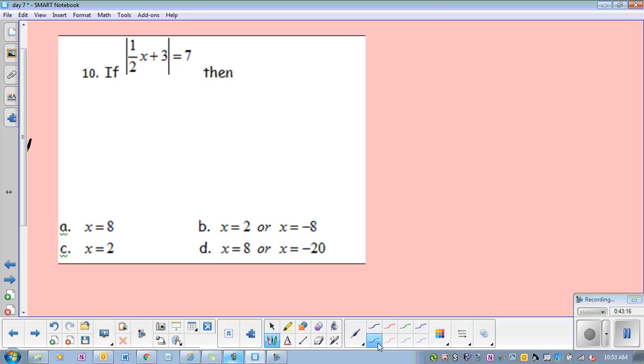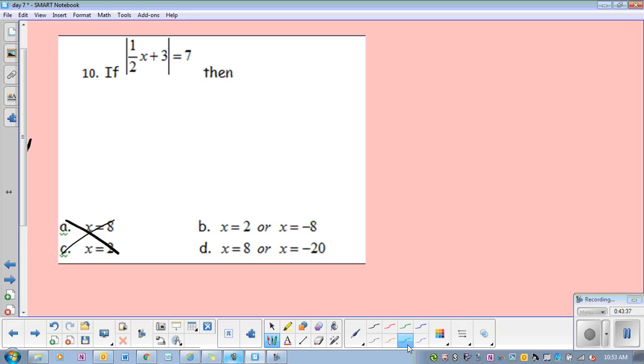So I'm going to get rid of those 2. Right? So now you have just B and D. Really, you could plug in, but you know what? I'm going to do it up here because I found a cool calligraphy pen and I want to try this out. Absolute value equal to 7.